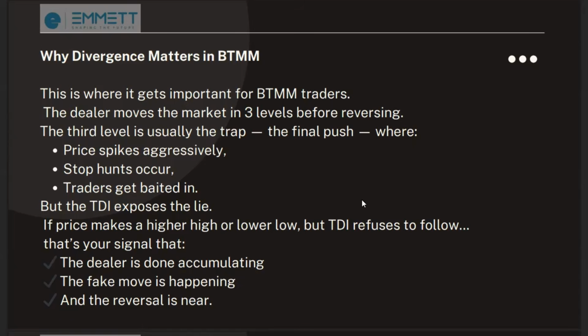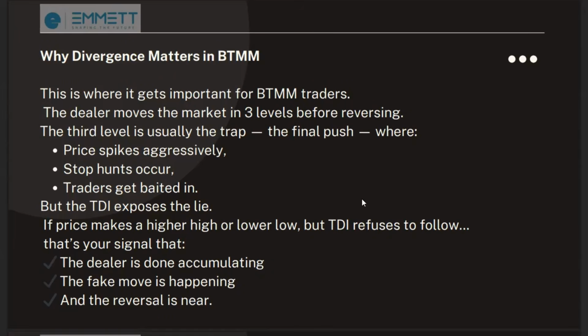So if the price makes a higher high or a lower low, but the TDI refuses to follow, or doesn't create that particular low or high, that's your signal that the dealer is done accumulating liquidity. He's done pushing the price to the upside or to the downside. The fake move is happening when you see those vector candles, those big volume candles out of the Asian range or specific zones.